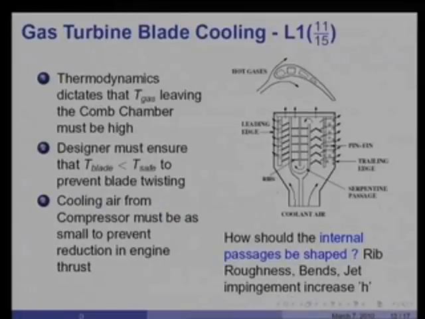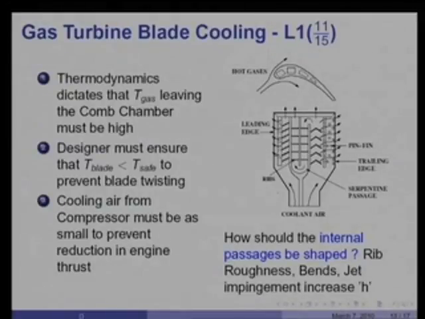Here is another example, gas turbine blade cooling. Now, of course, thermodynamics tells us that the temperature leaving the combustion chamber of a gas turbine must be as high as possible so as to achieve high thermal efficiency of the turbine. Today, temperatures of the order of 1500 to 1900 K are expected in practical gas turbines.